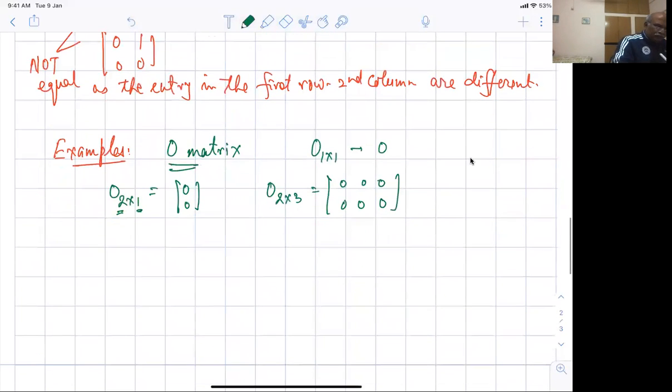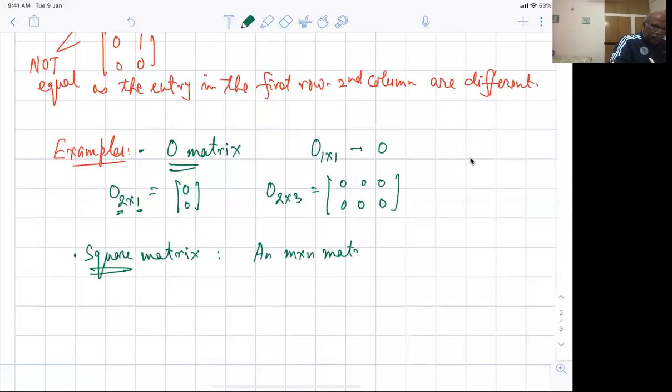Fine. Then there's the notion of what is called a square matrix. A matrix A, an m cross n matrix, is said to be a square matrix if m is equal to n.